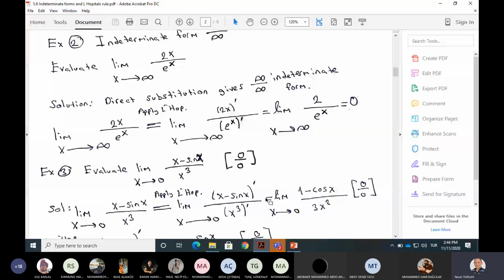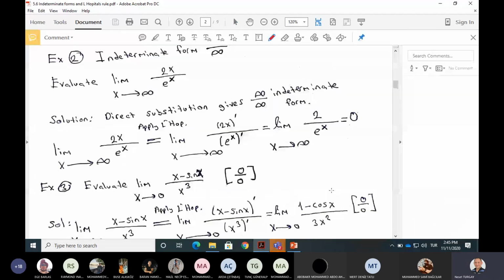Now, what are these? 1 minus cos x over 3 times x to the power 2. I guess you are okay with these derivatives. We learned this maybe last week. Now, what is cos 0? Do you know what cos 0 is, my friend? Who wants to say? 1.